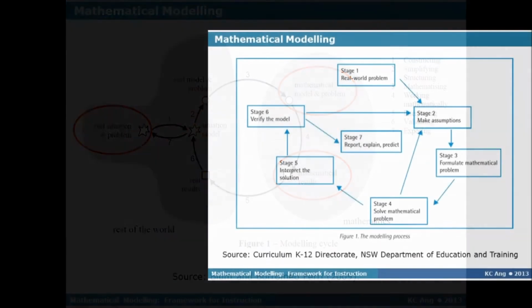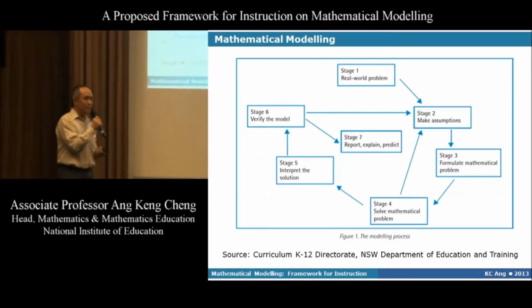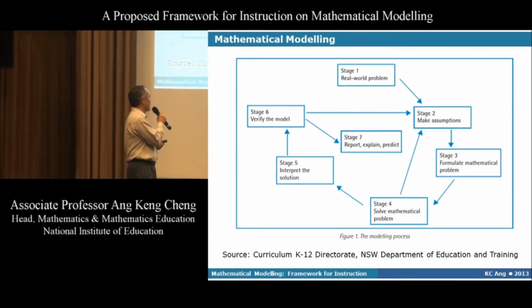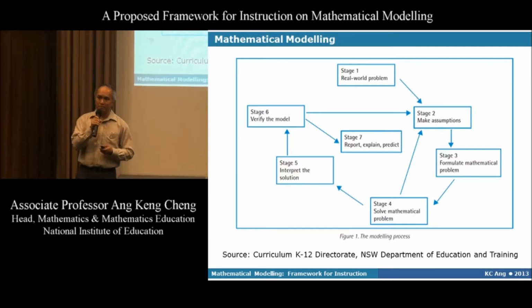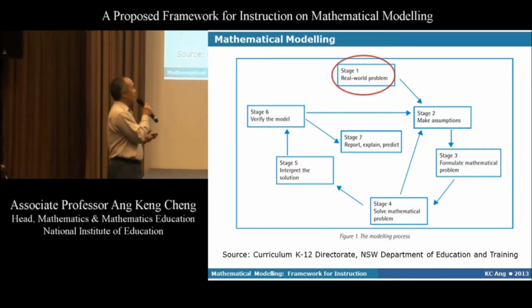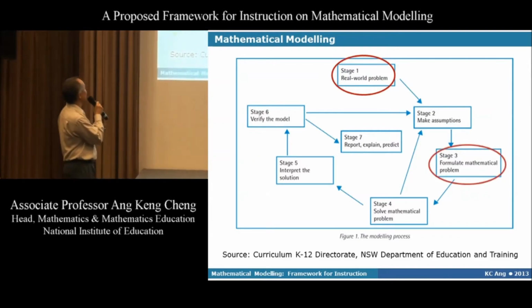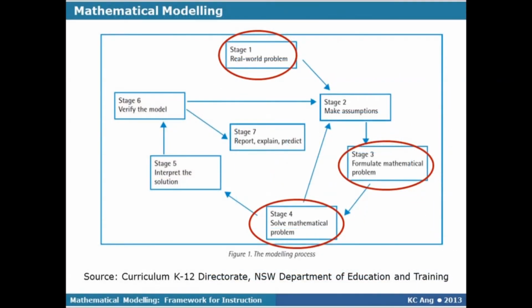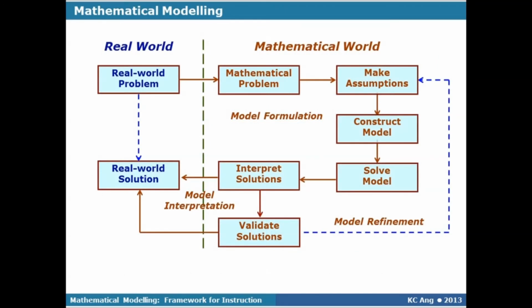And here's another one. This is from the curriculum document of the New South Wales Department of Education and Training. Well, we see the same pattern. We start in stage one, they call it, with a real world problem, and then go through formulating a mathematical problem and then solving the mathematical problem. So you see the pattern. It's essentially the same thing.